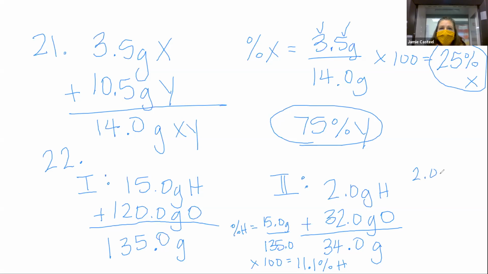I'm going to put 2 grams of hydrogen over 34 grams of compound times 100. Hit me. Did it again. Keep not hitting the times button.